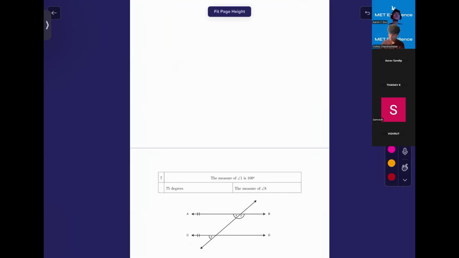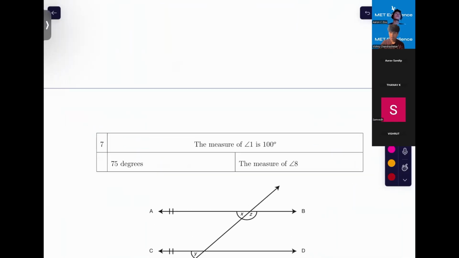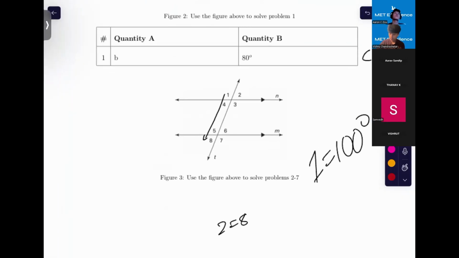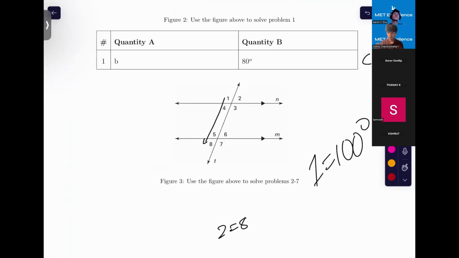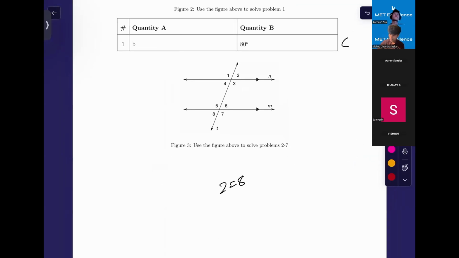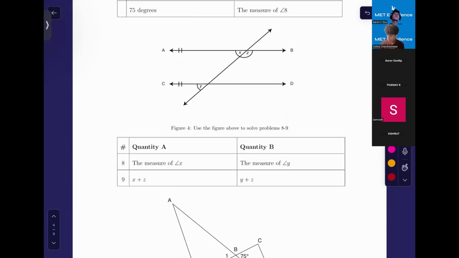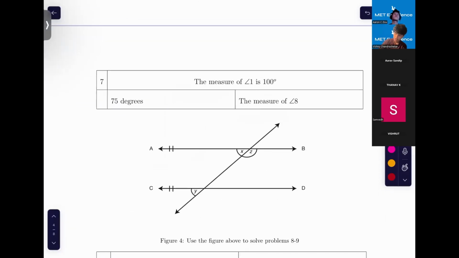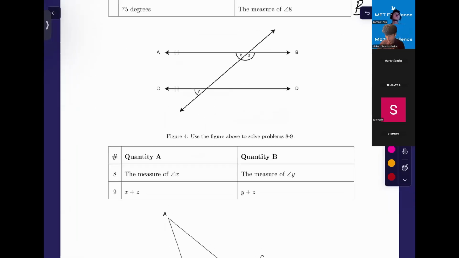Wait, hold up. Angle 1 and angle 8. Can you go up again? Angle 1 is the same as angle 5, so 5 is 100 degrees. So, wait, 180 minus 100. So 8 is 80 degrees. I messed that one up. Sorry, guys. So it should be B.